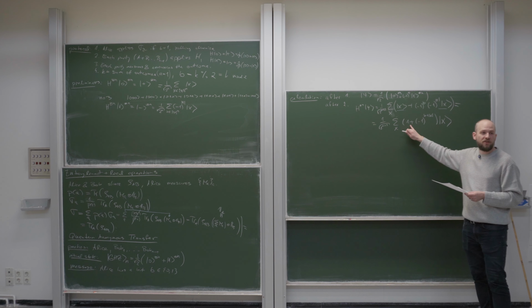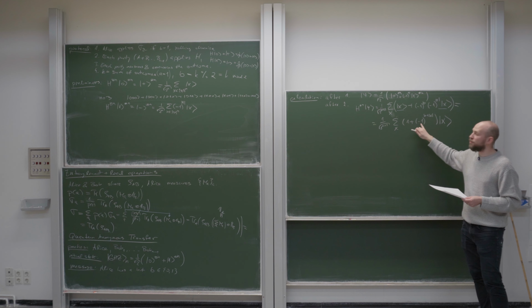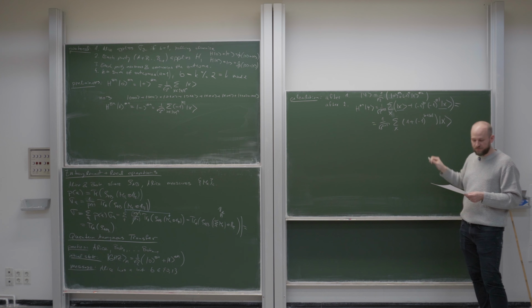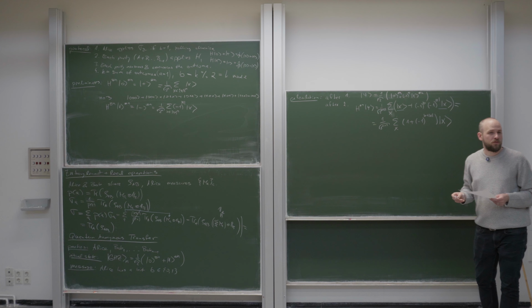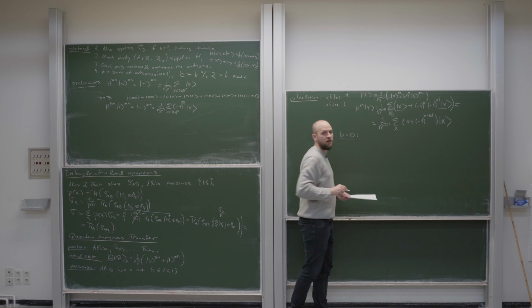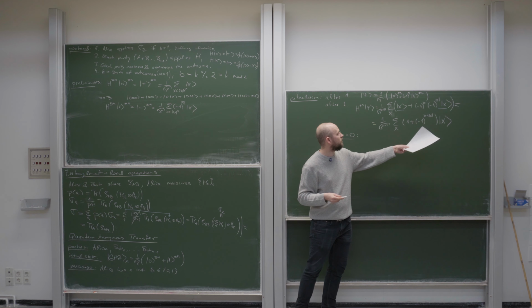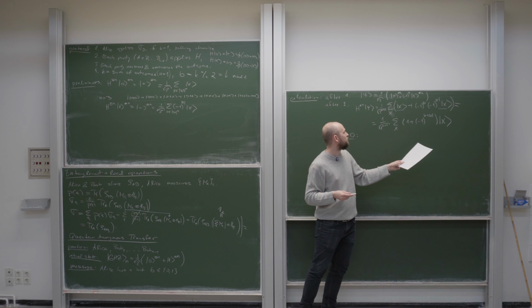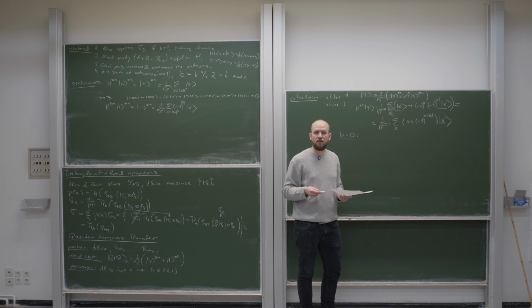Now this is going to be either 0 or 2, because we either get 1 plus 1 or we get 1 minus 1. When is it going to be 0 and when is it going to be 2? So if we don't know in general, let's do it on a case by case basis. And then we can have a neat formula in the end. So if b is going to be 0, then the b disappears, and we have 1 plus minus 1 to the Hamming weight of x.